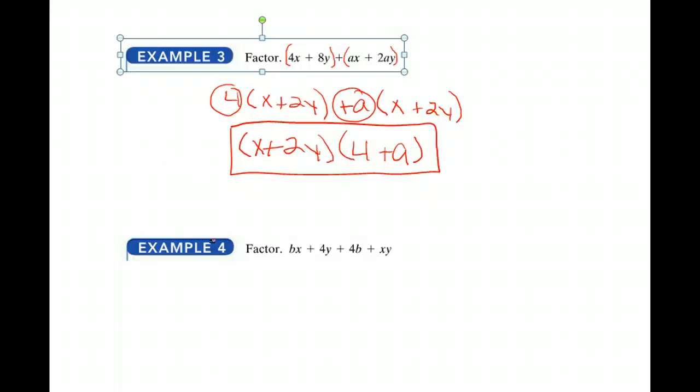Is there anything common between bx and 4y? Is there anything common between 4b and xy?